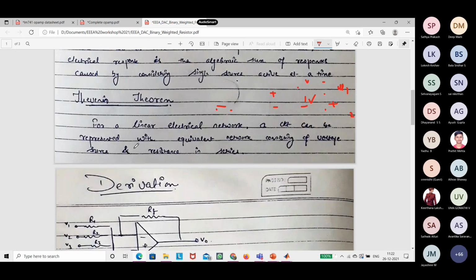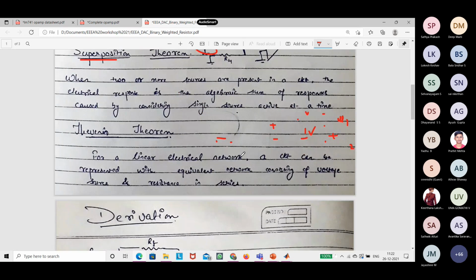Then Thevenin's theorem. For an electrical network, a circuit could be represented with an equivalent network that just consists of a voltage source and a resistance in series. Say this is a complex network which you don't know, and this is the V out, the output of the circuit.